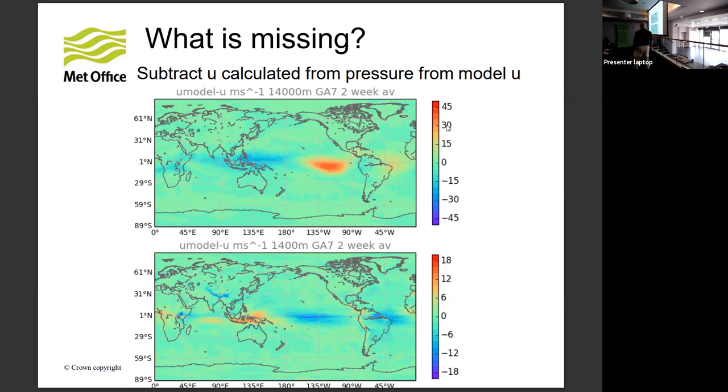And you see that averaged over that time scale, there's hardly anything missed at all, except very close to the equator. So you miss a lot close to the equator. You don't have the Kelvin wave, probably the biggest contribution to that. So looking at time averages, you can get pretty well everything.